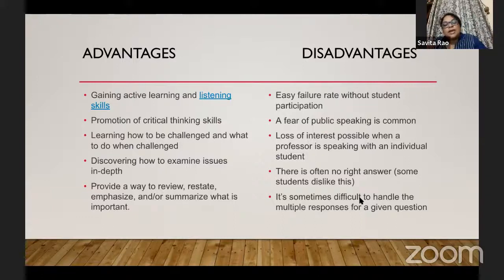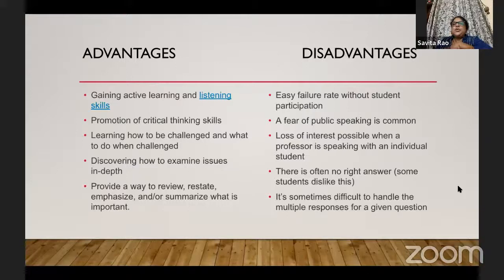Especially when you look at the areas where Socratic thinking would help, like philosophy or other kinds of topics, sometimes there may not be one right answer. When there is no one right answer, people may not be very happy about it. So that is another disadvantage.